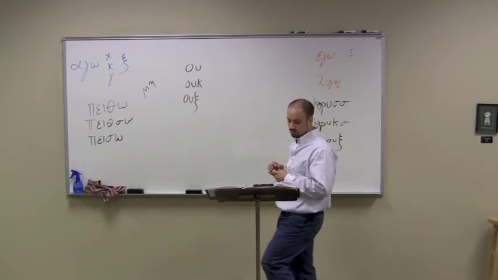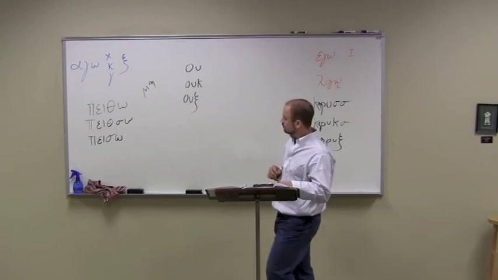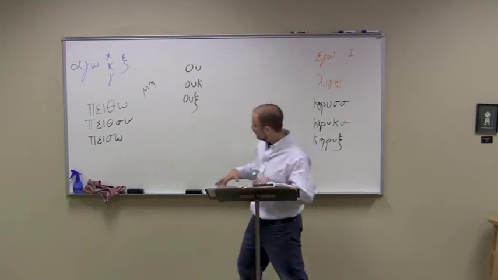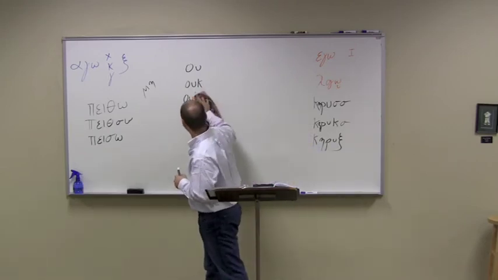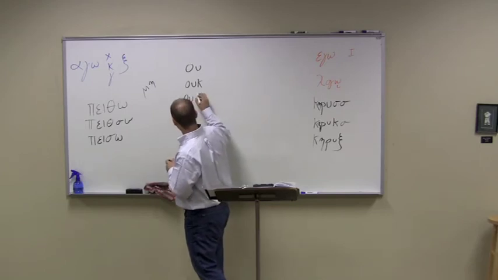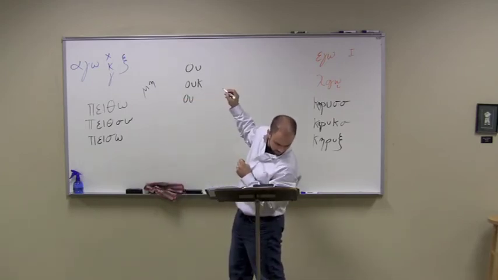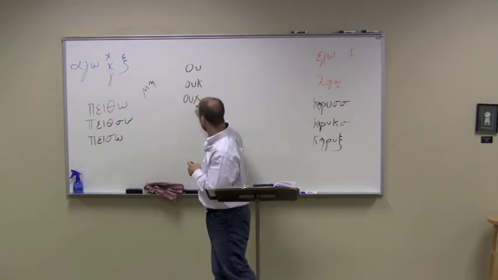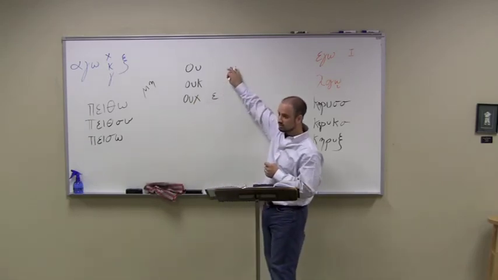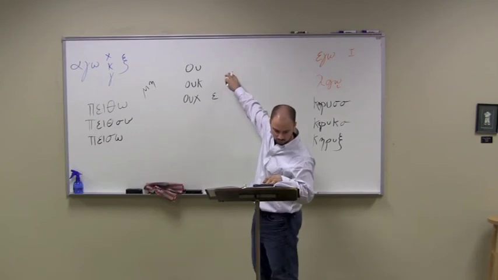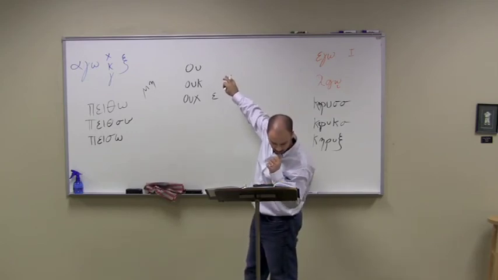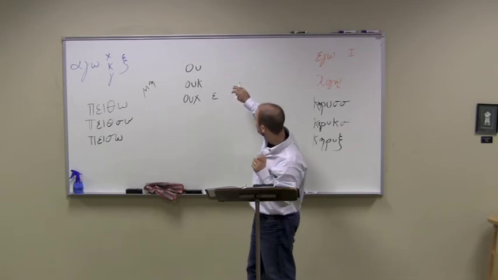If a vowel follows, sorry, ook, yeah, I know I wrote something wrong. So it takes this form if a vowel follows, it takes this form if a consonant follows. I'm messing you all up.